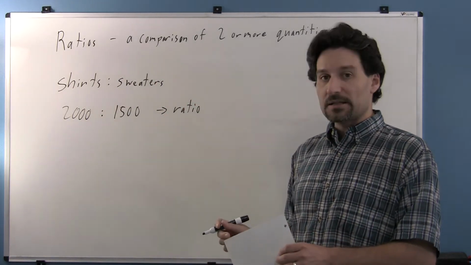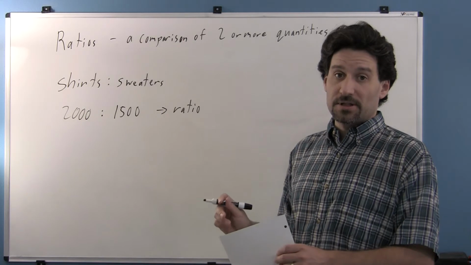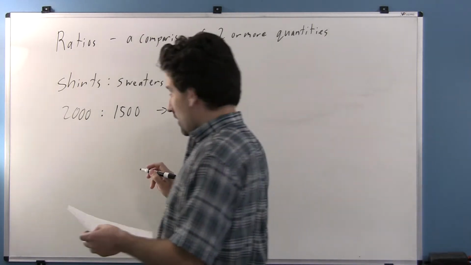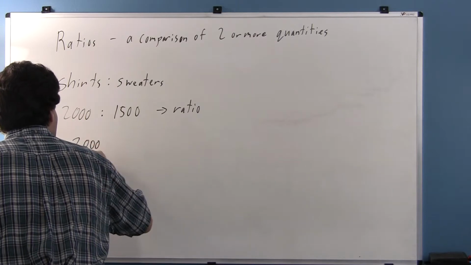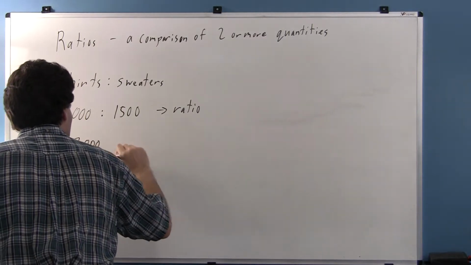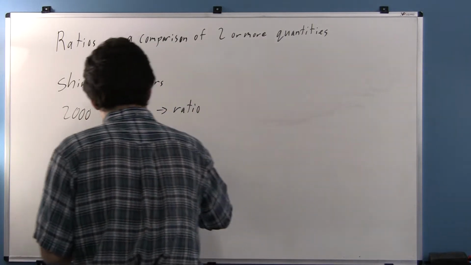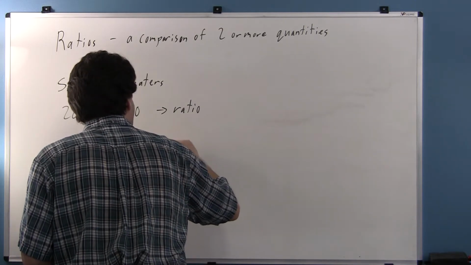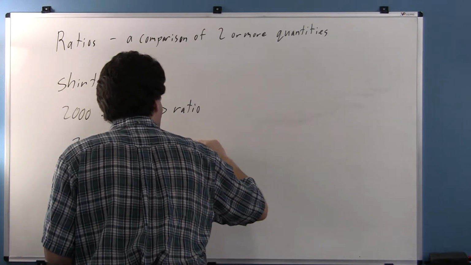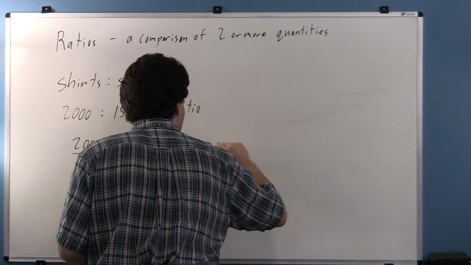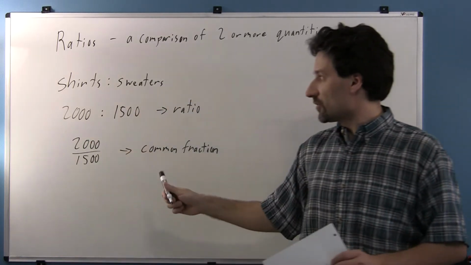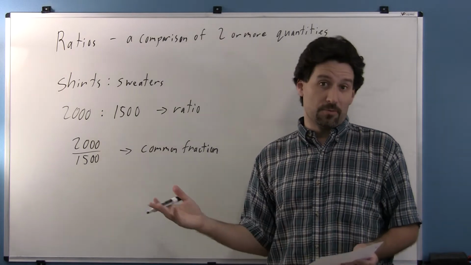But we can write it in other arrangements that are also useful. We could put it as 2,000 divided by 1,500. That's in a common fraction format, common fraction. And that's another way to express the relationship.